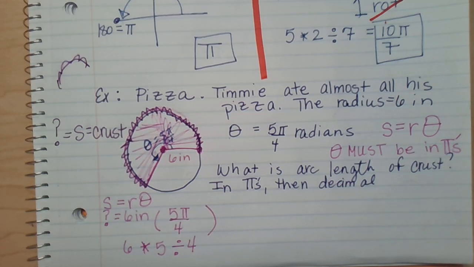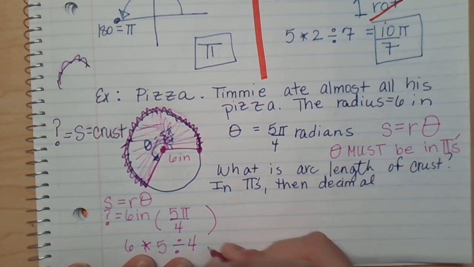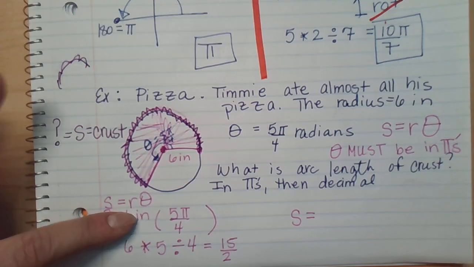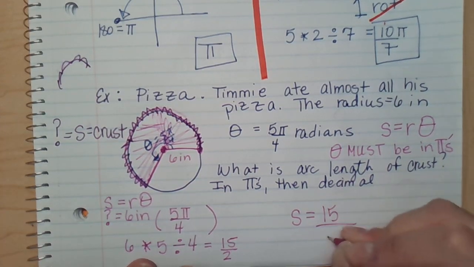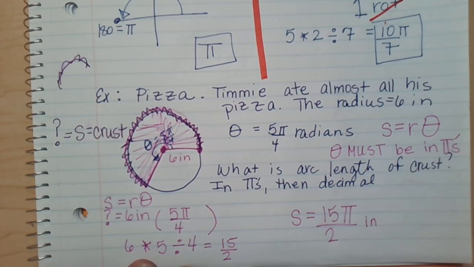Oh, gosh. Math, enter: 15 over 2. So my S, we just got it. 6 times 5 divided by 4 is 15 over 2, with a pi on top, inches.